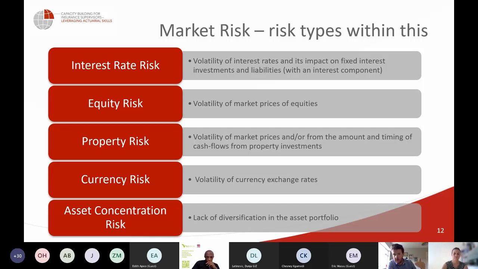So equity risk, you could calculate an equity risk number, but if they're putting too much of their assets into equities and they have liabilities which are general insurance, which are completely mismatched, there's a big disconnect there. So these categories are also a way of thinking and challenging how the insurer thinks about the risks that they face on the asset side of the balance sheet, and also how that interacts with the liabilities. So that's also a tool to think about how they run the business. Sorry, that's what I just wanted to chip in.